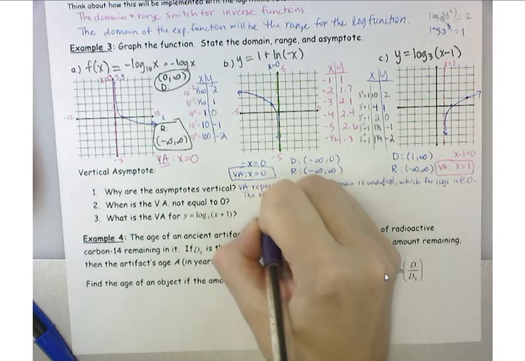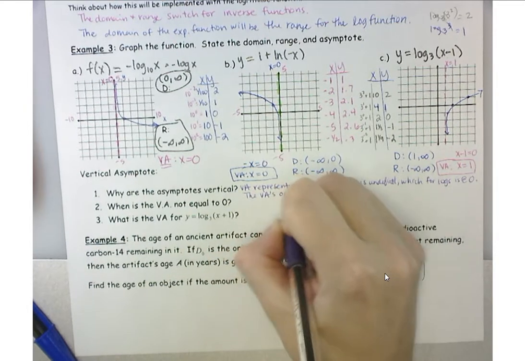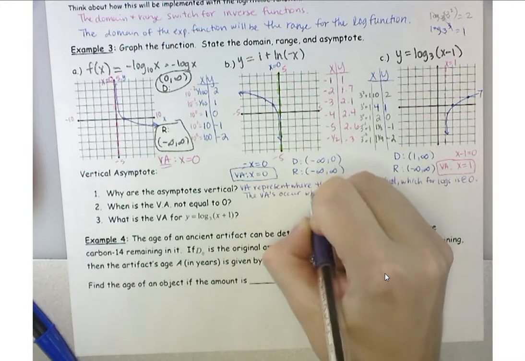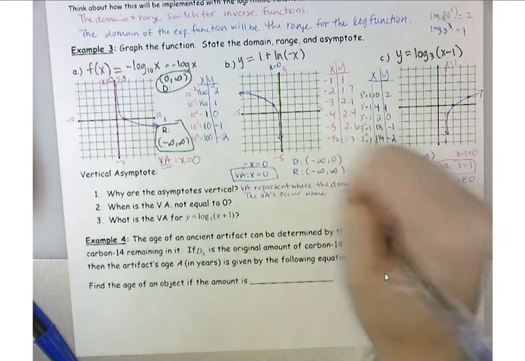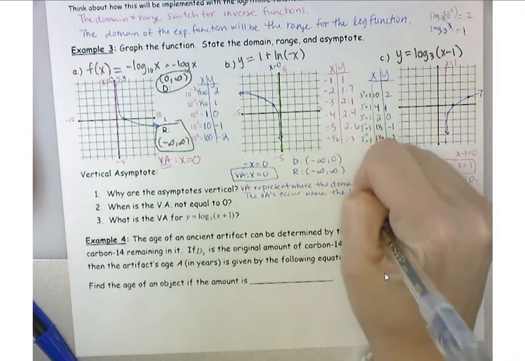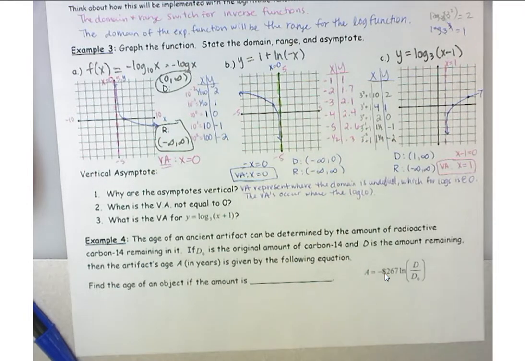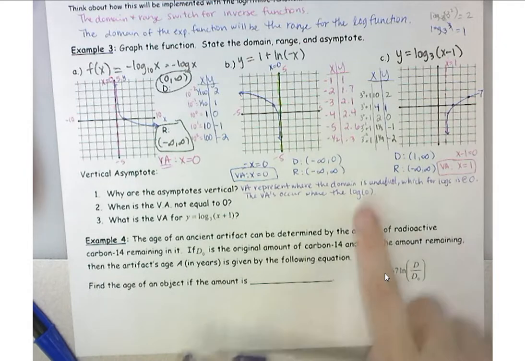The vertical asymptotes occur where the log would be 0, which is why we set it equal to that.